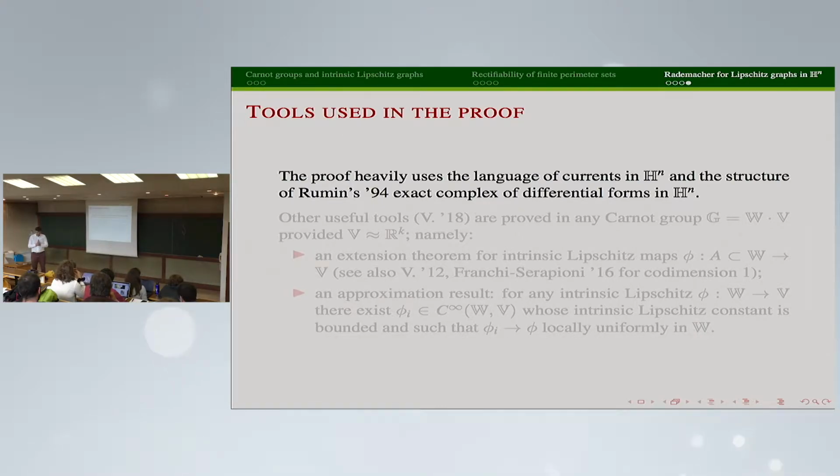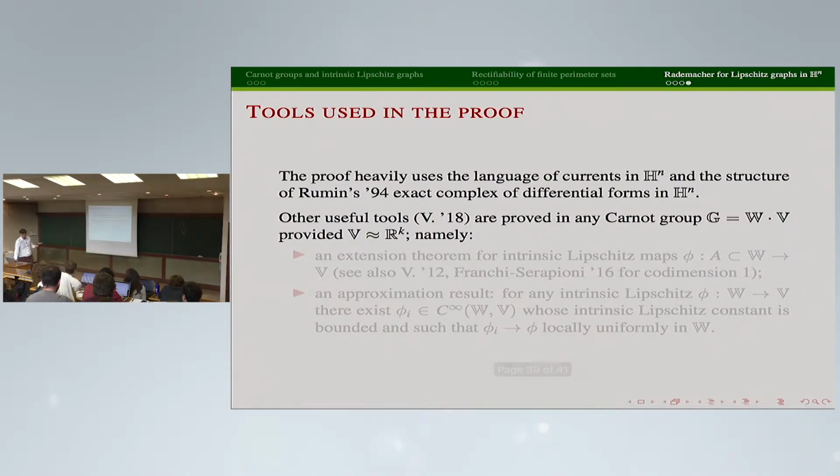So Rumin was able to introduce an exact complex of differential forms in any contact manifold, actually, so not only in the Heisenberg group. So when you have such a complex, you can define currents by duality. And using this language, a current is kind of a generalized surface, right? And with this language and a lot of effort, one can prove the previous results.